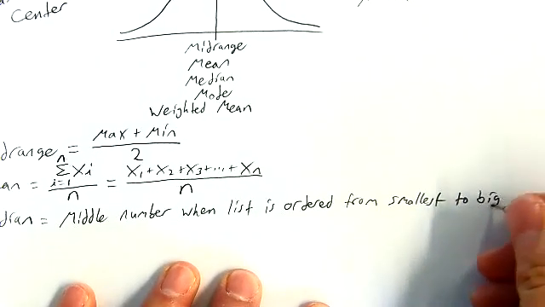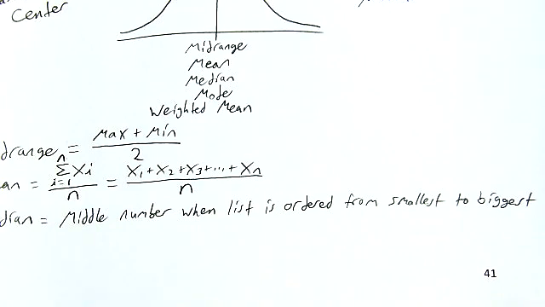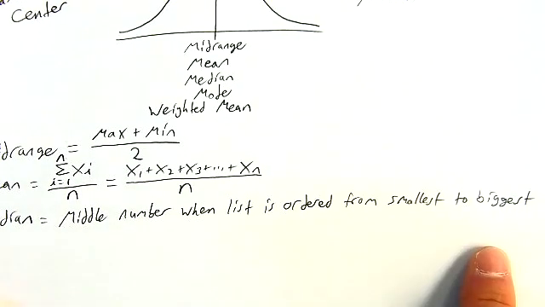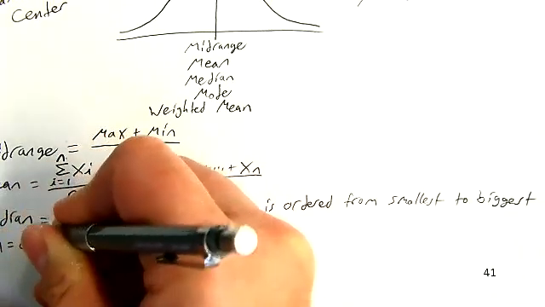That's the most important step. If you skip that step, you're going to get it wrong. So the first thing is you order your numbers from smallest to biggest. And then it's the middle number, so there'll be an exact middle number if n, the number of data points you have, is odd.